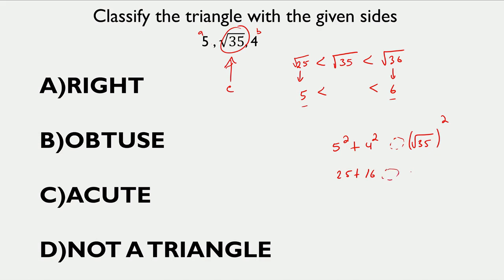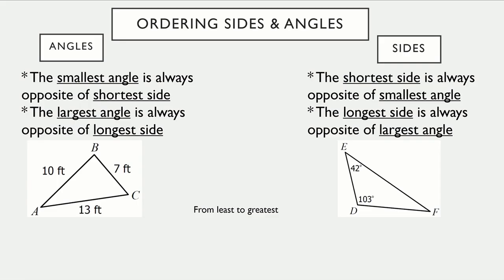The square root and the square cancel, and then 25 plus 16 is 41, and that is greater than my C value. So since that's greater than my C value, I'm going to have an acute triangle.